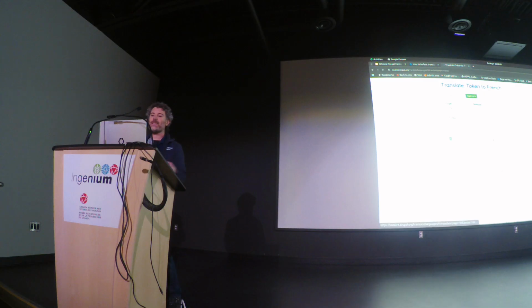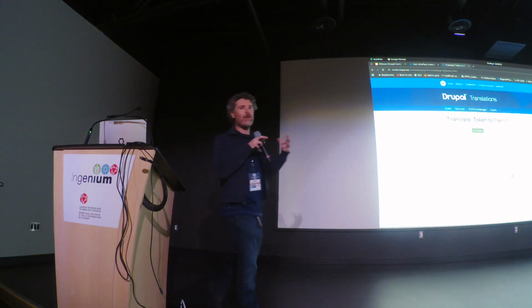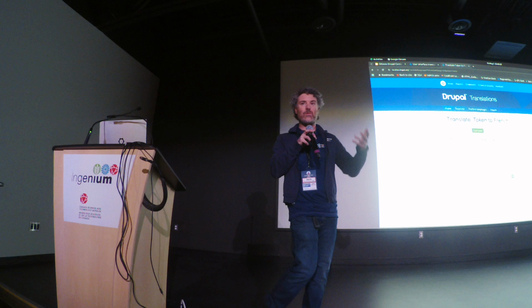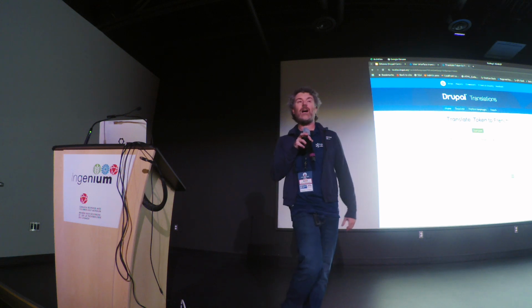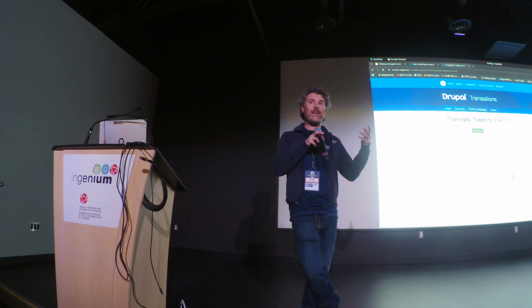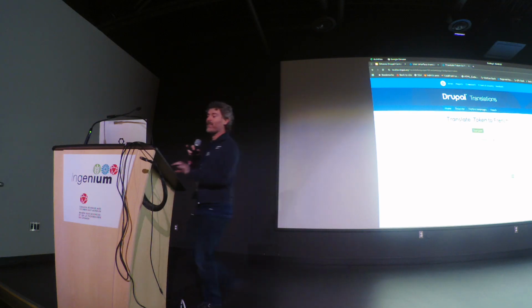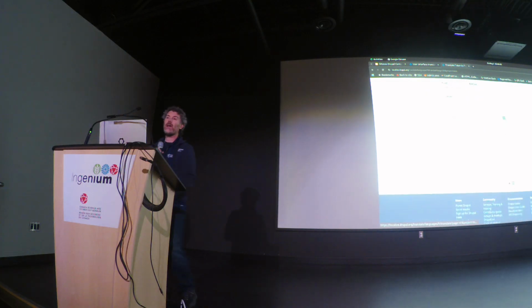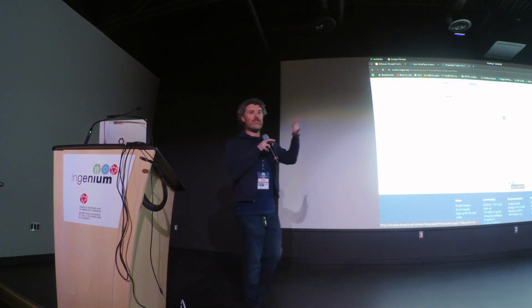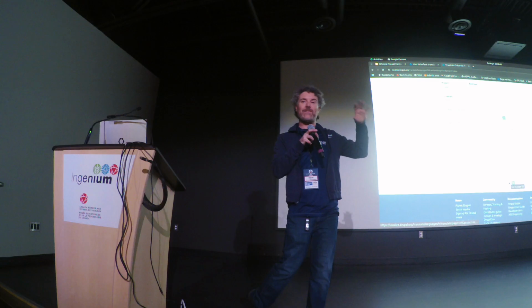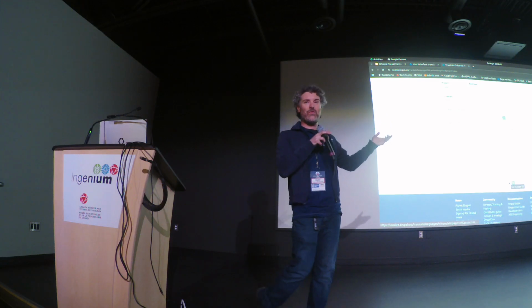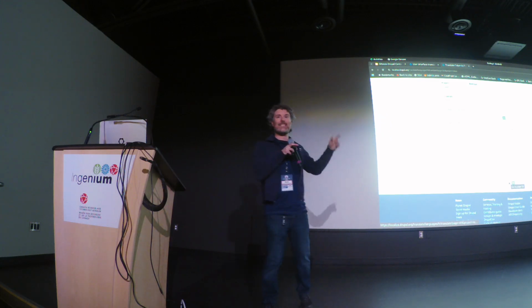But the way it works, once on localize.drupal.org, you can join different groups for different languages. When you initially join a group, you can suggest translations. I am not in the French group, so I cannot do that. But just because you suggested a translation doesn't actually officially add it. Somebody who has approval for translations has to then approve it.